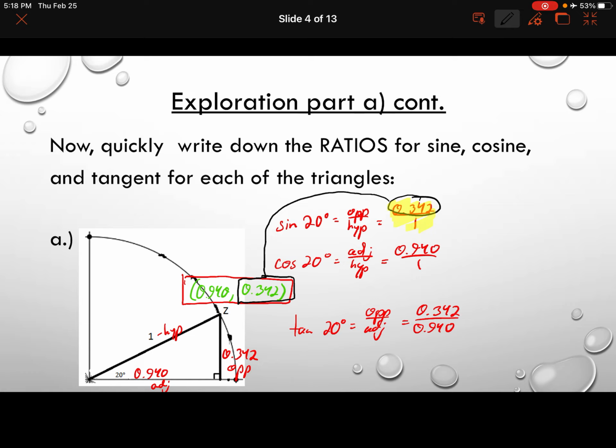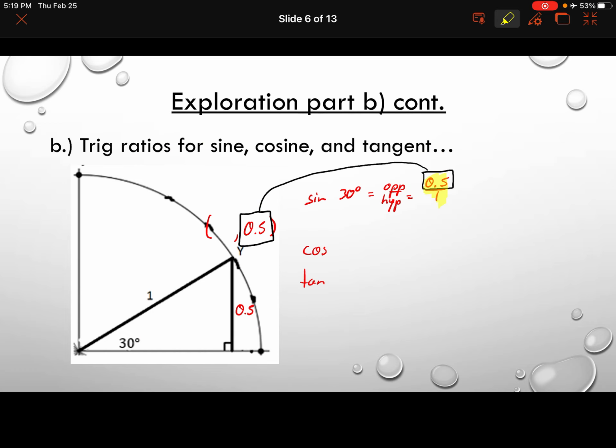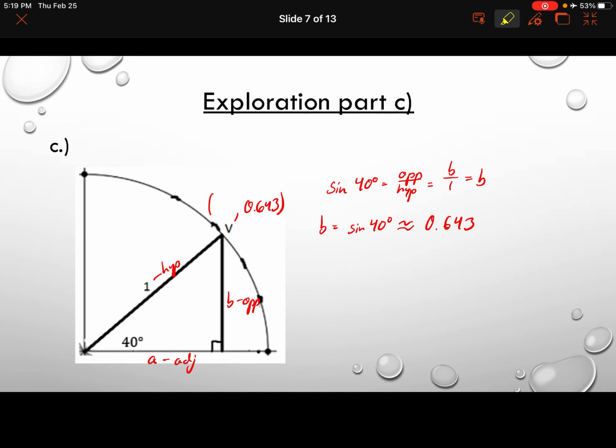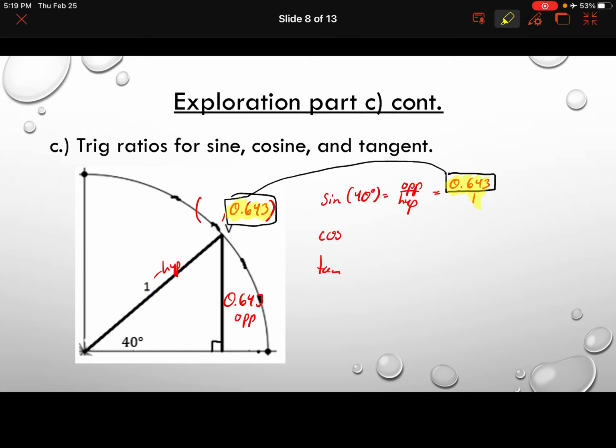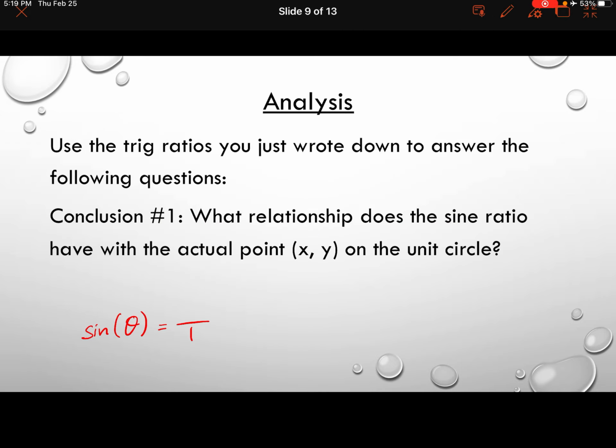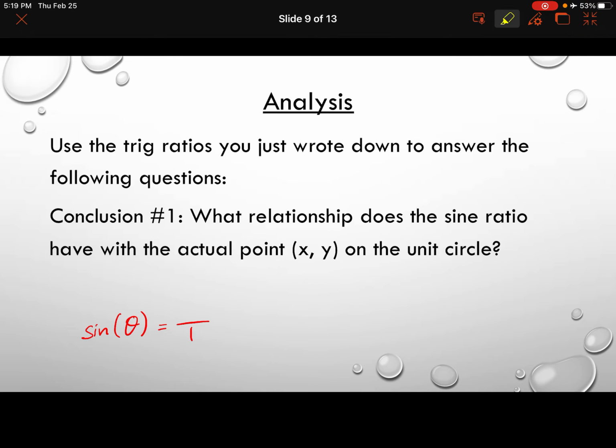So once again, whatever the numerator of our ratio was for sine, we're just talking about sine for now, always ended up being the y value of our point. The y value of our point was always the numerator for our sine ratio. So, our conclusion? It's the y value.